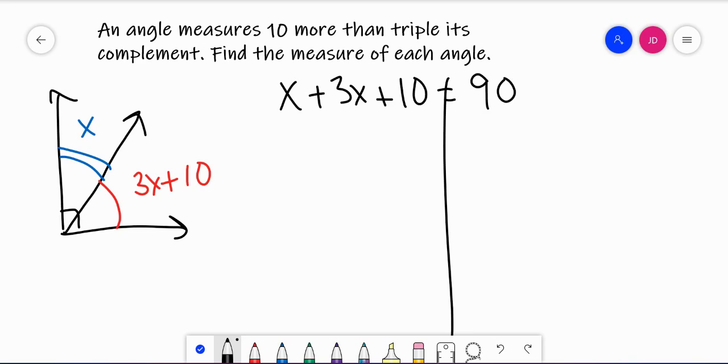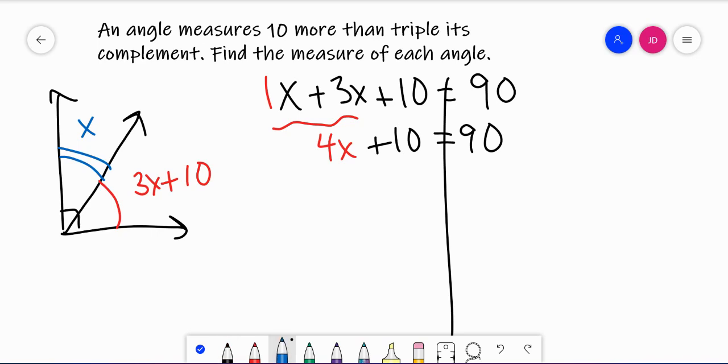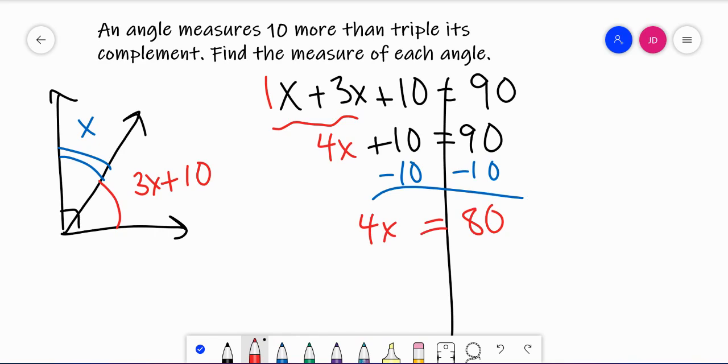Line down to the equal sign and combine like terms: you get 4x plus 10 is 90. Minus 10 from both sides, and we get 4x is 80. Divide both sides by 4, and you get x is 20.